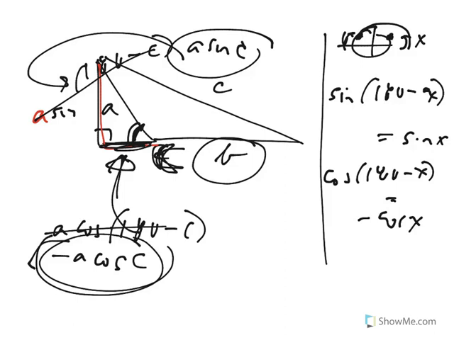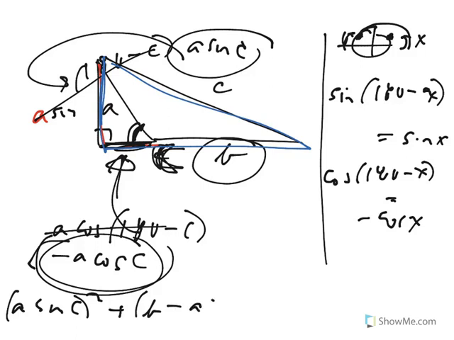When I run this big blue right triangle through the Pythagorean theorem, I get (a sine C) squared plus (b minus a cosine C) squared equals c squared.